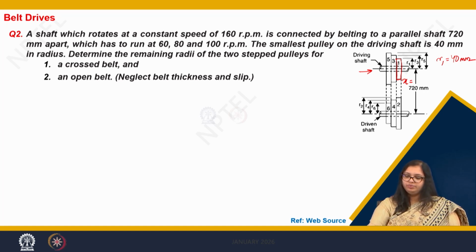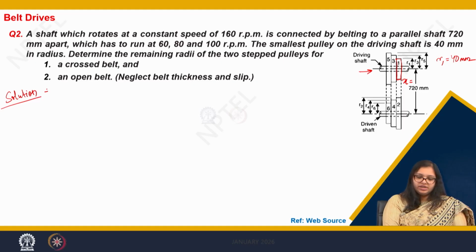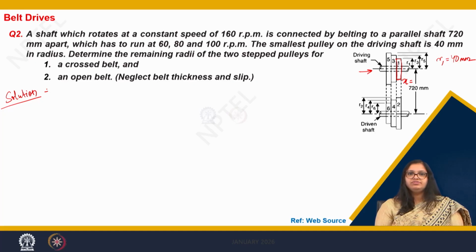So we have to determine the radius R2, R4, R6 and R3 and R5 in this question. So there are 2 conditions, one is a cross belt drive and one is an open belt drive, and we have to neglect the belt thickness and slip. So what do we understand? That t is assumed to be 0 and my slip is also 0.